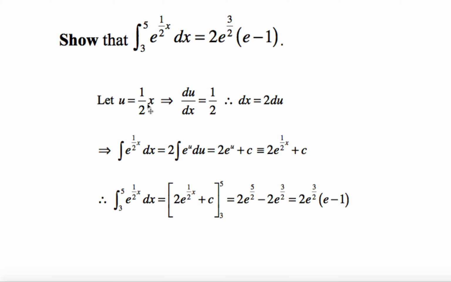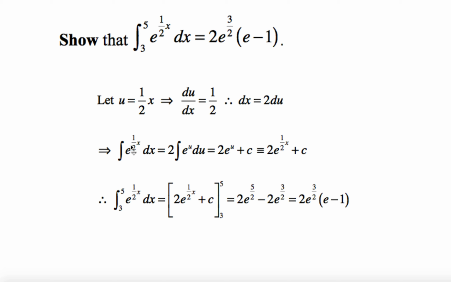This exponent controls it, so let u equal 1/2 of x, and then when you take the derivative of this, so du dx, namely the derivative of u with respect to x is 1/2. You can split the operators, and keep in mind that these operators become quite powerful and have lots of meaning within the context, so you'll be shifting over or substituting from an x world over to a u world.